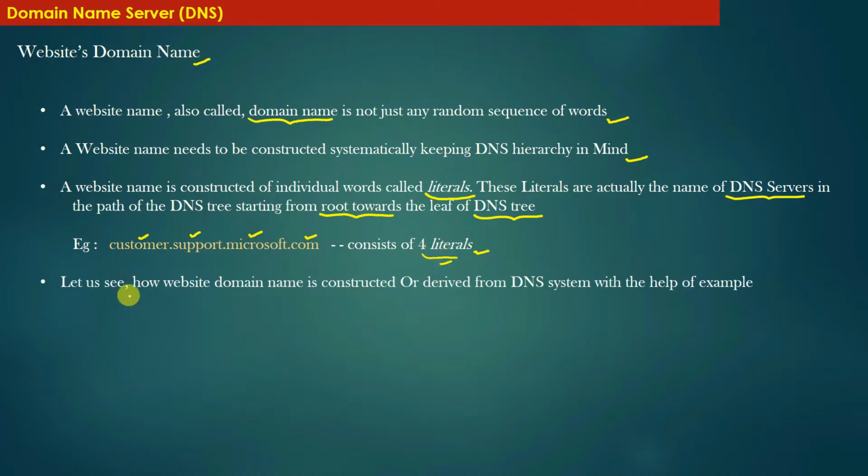Now let us see how a website domain name is constructed or derived from the DNS system with the help of an example. Remember, you cannot choose any random sequence of words or literals as the name of your website. Whatever name you choose has to be consistent with the DNS tree. So let us take an example.